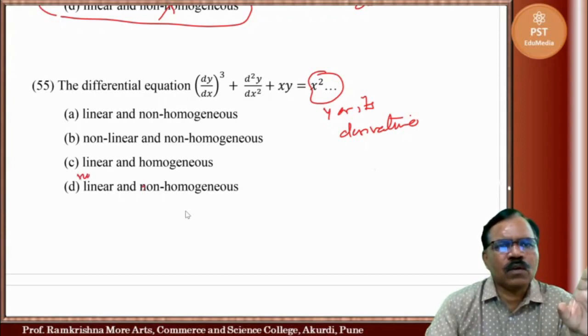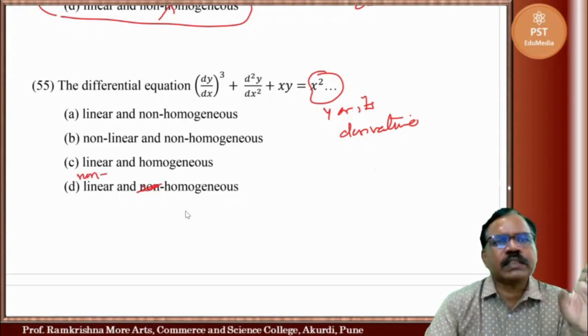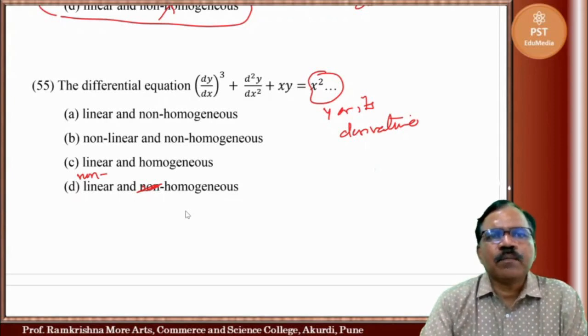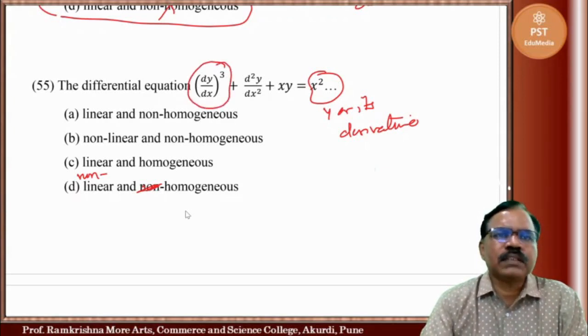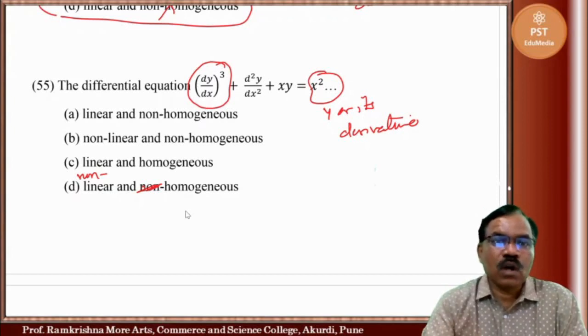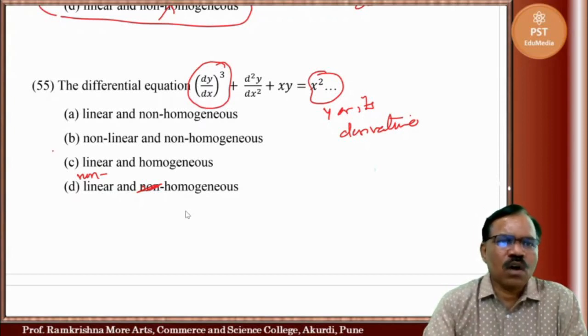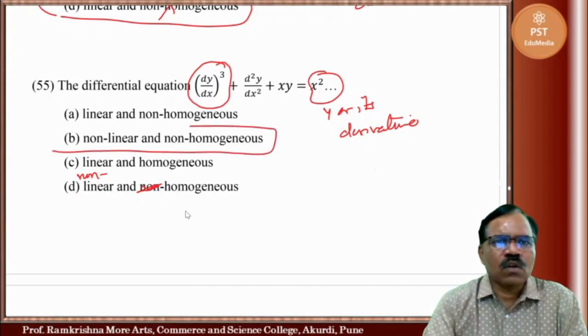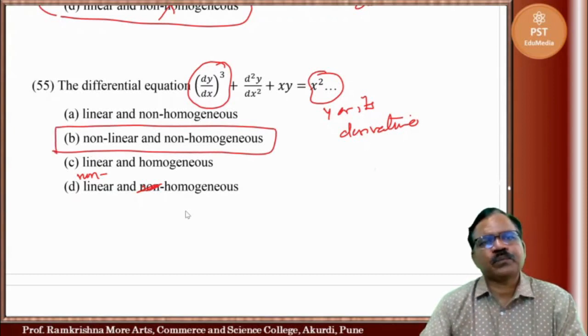And if we see here the third power of the first order derivative, so it is non-linear also. So this is non-linear as well as non-homogeneous.